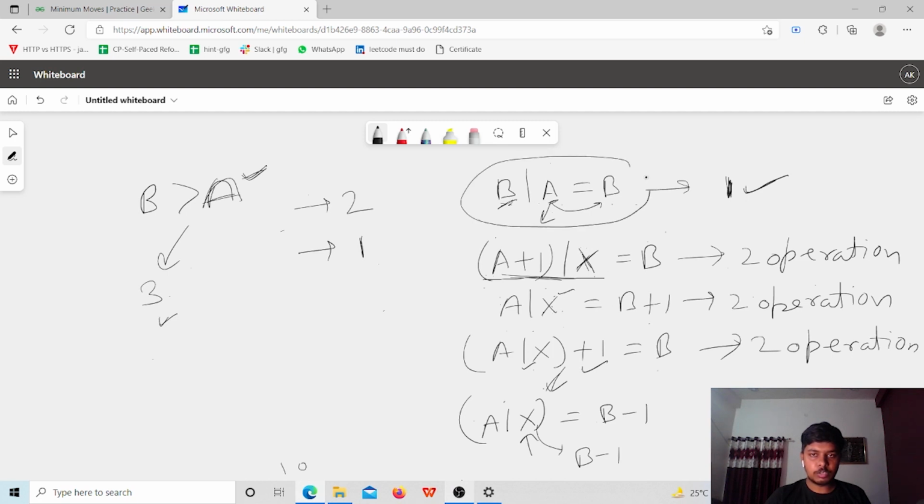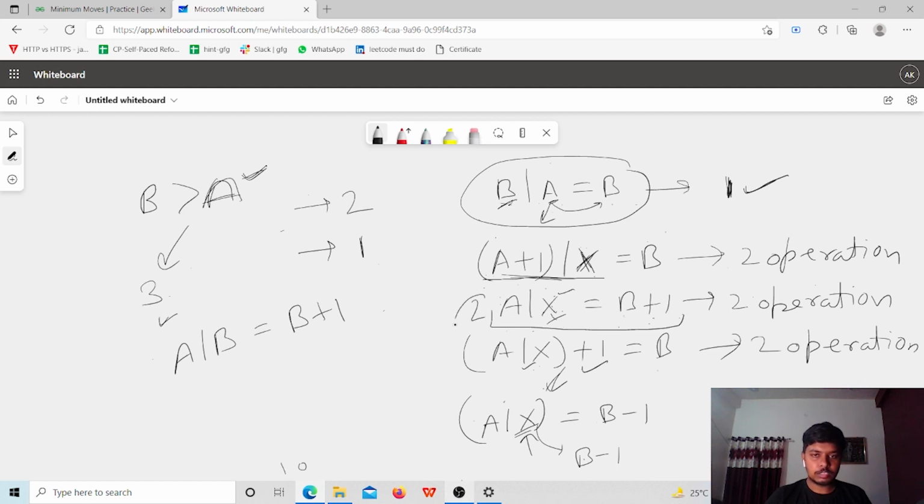In this case our X will be B minus 1, in this case our X will be B plus 1. So if we take X as B plus 1 and this condition holds, then we can say that in two operations we can make A equal to B, right? So if A OR B is equal to B plus 1, then it will take only two operations to make A and B equal.